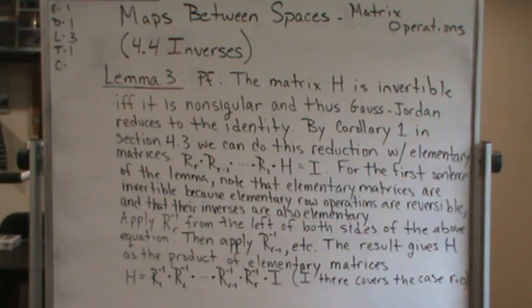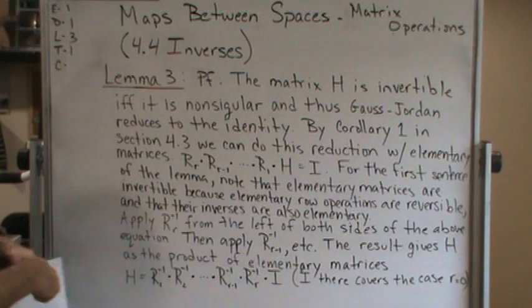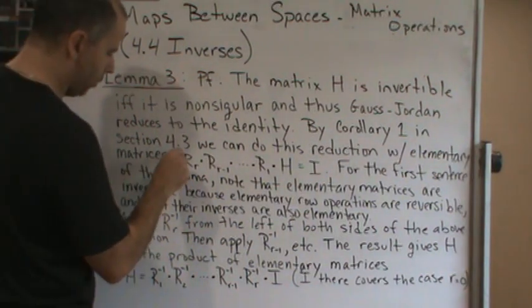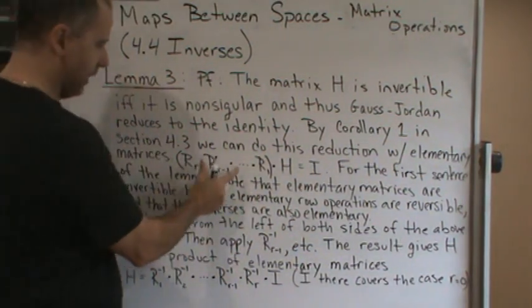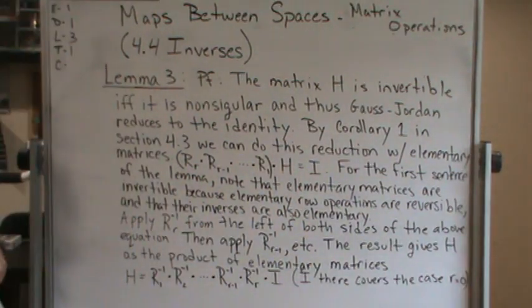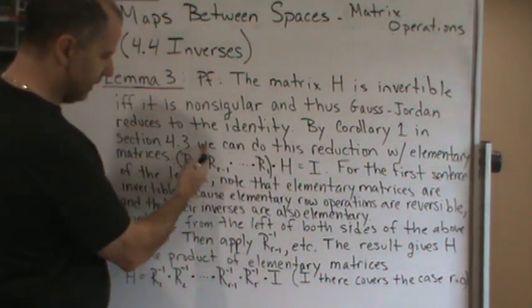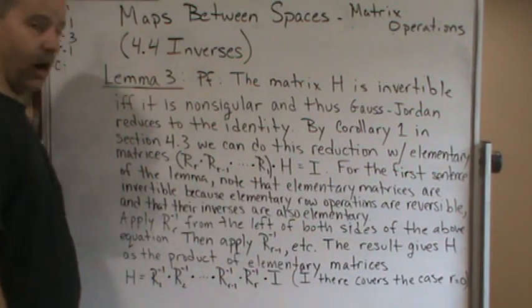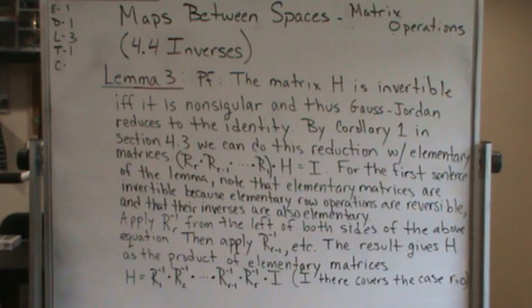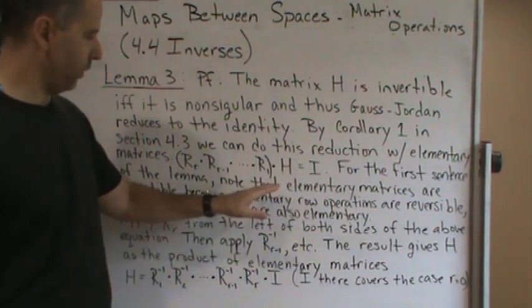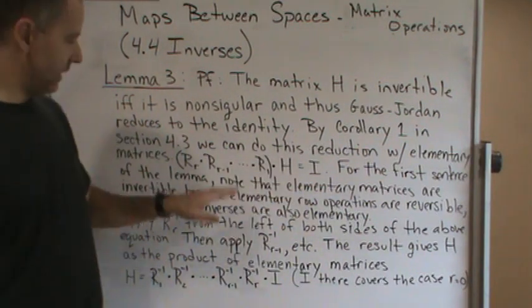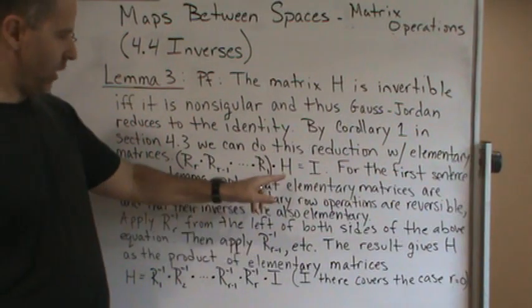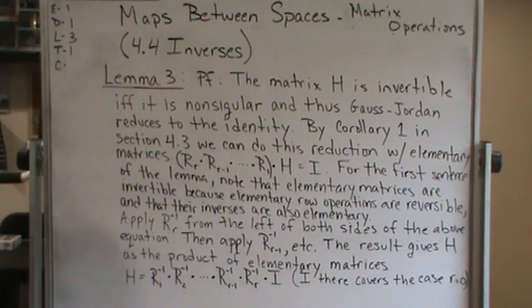Okay. Now, as far as the second sentence, we just have to recognize that if we group these elementary row operations, this times this equals I. Well, we just have to recognize that this product of R matrices has to be the inverse of H, because remember, the only way we can take a matrix times another matrix to get I is if this matrix is the inverse of H. So that's it.